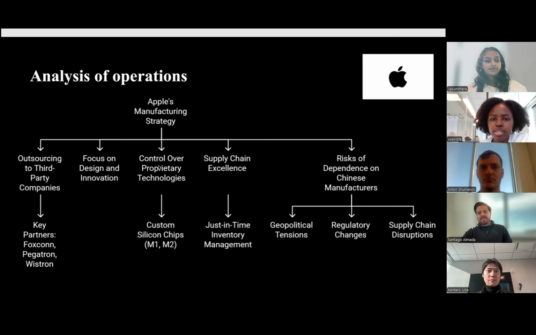Whilst this supply chain helps move products in a time-effective way so that they can have just-in-time inventory management, it does come with massive risks, where they are dependent on foreign countries like China to manufacture, where they could be vulnerable to geopolitical tensions, regulatory changes and supply chain disruptions.